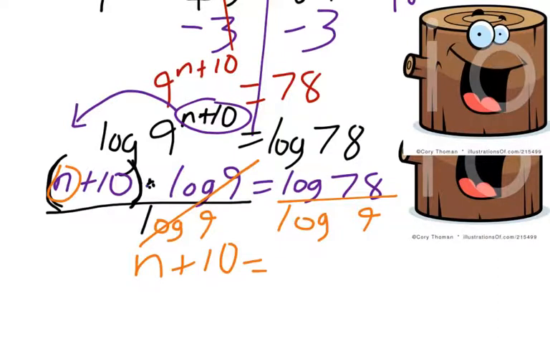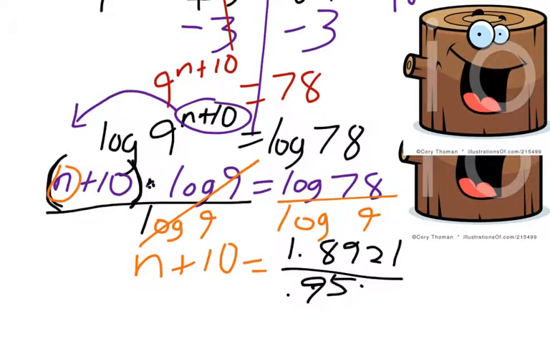So log of 78, I'm going to do 4 decimal places, gives me 1.8921. Log of 9 to 4 decimal places gives me 0.9542. And then if I divide those out, I get n plus 10 equals 1.9829.